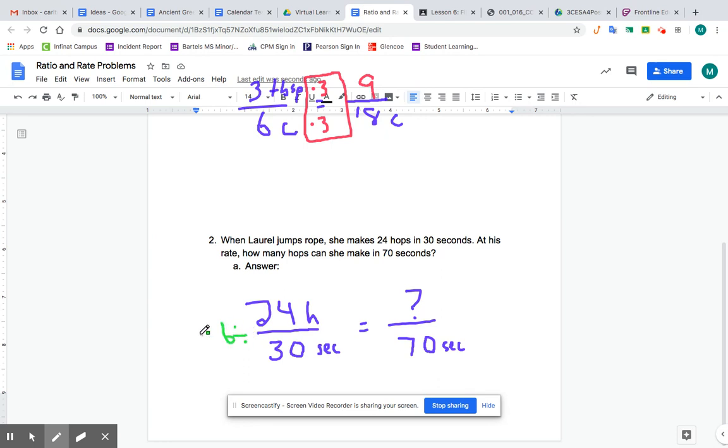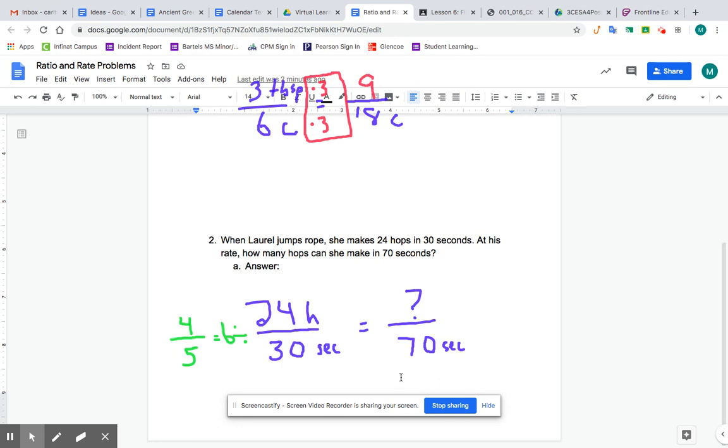So if I divide by 6, I'm going to get 4. And then 30 divided by 6 is 5. Now, what I want to do is look at the bottom denominators, 5 and 70. Can 5 go into 70?